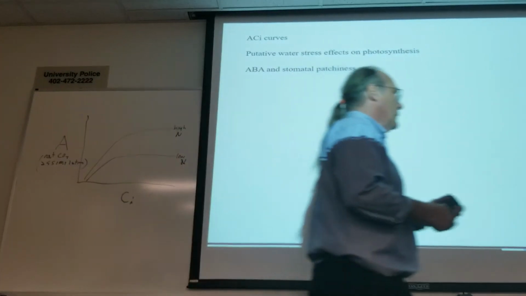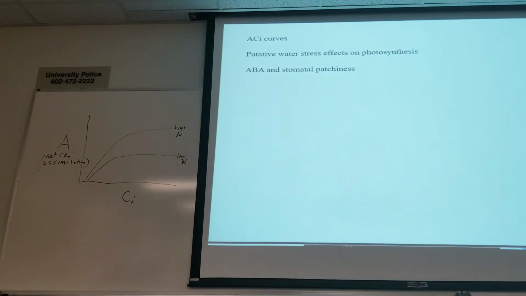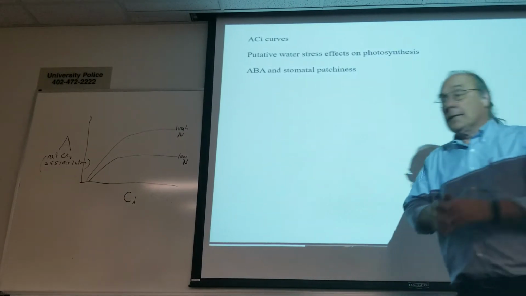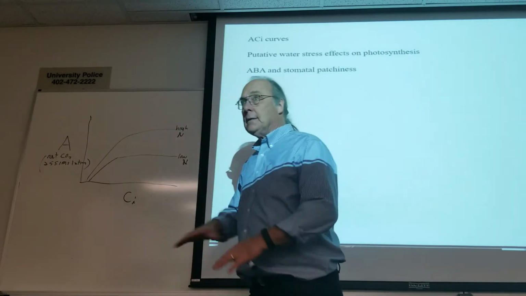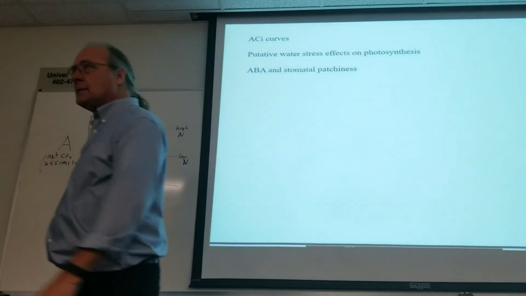And how do you know? Well, it's obvious. Most of the nitrogen in the leaf is in the form of rubisco, the enzyme that catalyzes the carboxylation of RuBP, the first step in the Calvin cycle. So it's not surprising that nitrogen also is shown to have an effect on photosynthesis, despite what it does to stomata.